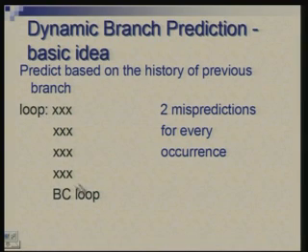So, now suppose this itself is in a larger loop, an outer loop, where every time you come here you do a few iterations and then come out, then you will come again here, do a few iterations and then come out. So, now suppose your strategy is to predict based on the previous outcome. So, if last time the condition had become true, you think that it will be true this time and vice versa. So, with every instance of the loop, you will have two mispredictions.